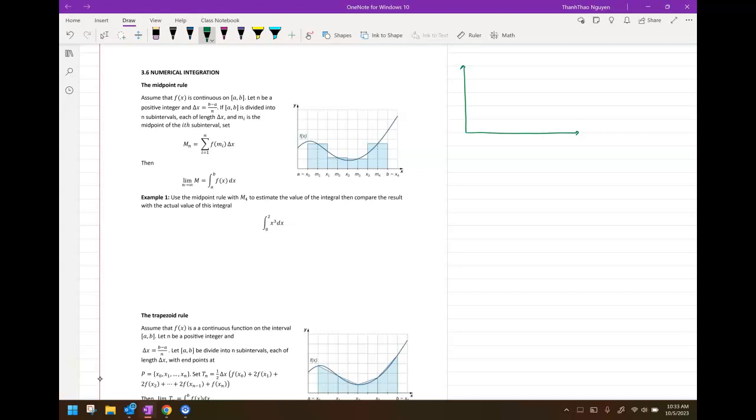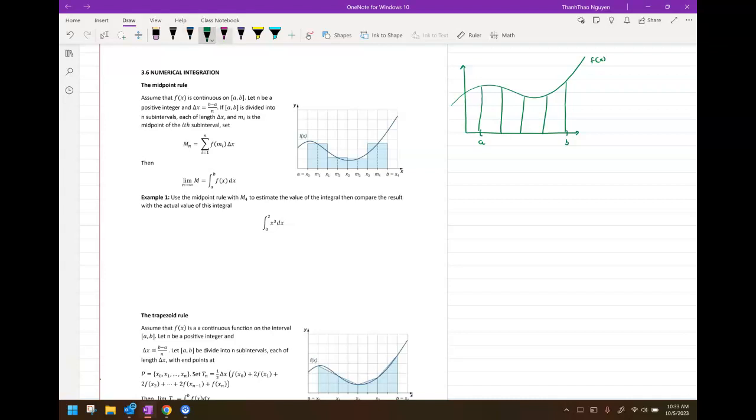So given a function f of x, and we want to find the area in the interval from a to b, we then divide this interval into small areas. And let's say I use 4 approximation rectangles here.